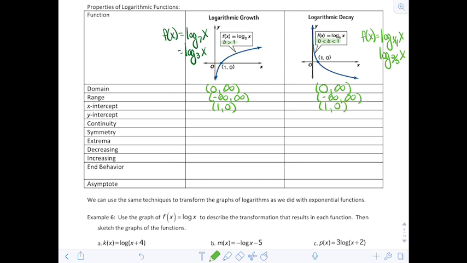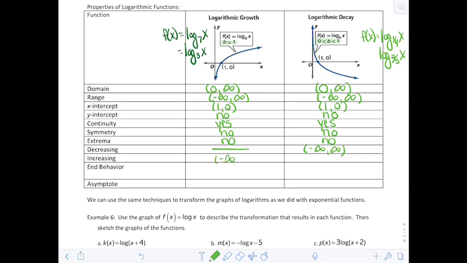They have no y-intercepts. Continuous, yes, they're both continuous. Symmetry, neither of them has symmetry. Extrema, relative or absolute, maximums and minimums, neither of those have extrema. Decreasing: for logarithmic growth, never decreasing, but for logarithmic decay, it decreases from negative infinity to infinity.